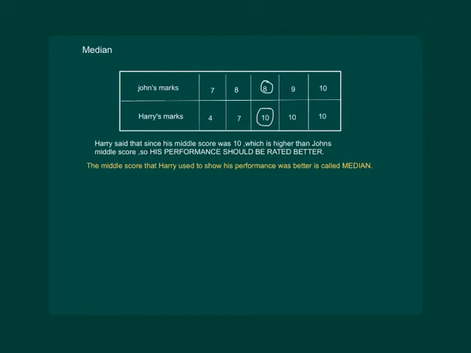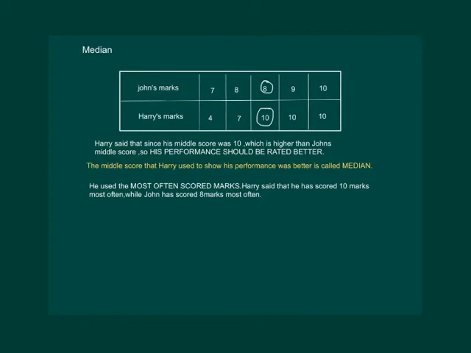But John was not convinced with Harry's argument. So, Harry tried another strategy. Looking at the data, he used the most often scored marks.